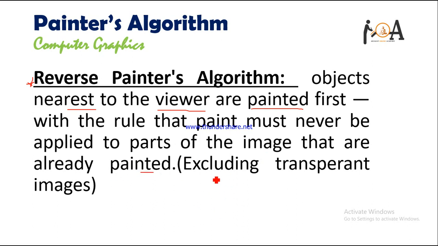Suppose some images have a transparent part; excluding that, we never apply paint to parts of the image that are already painted. We just paint the parts which are not painted, starting with the parts nearest to us, and after that we paint the farthest ones in the reverse Painter's algorithm.